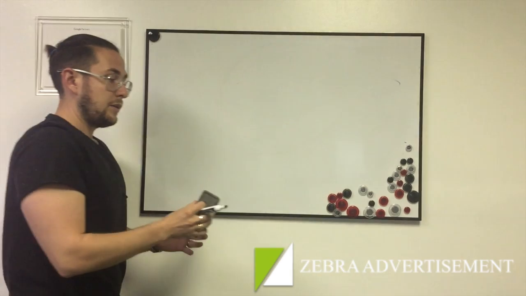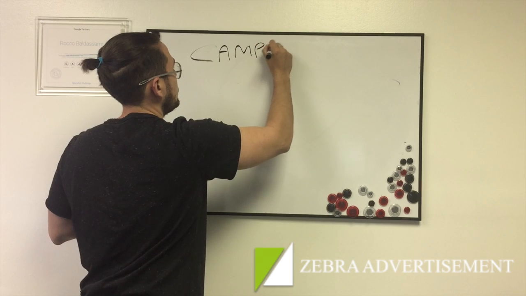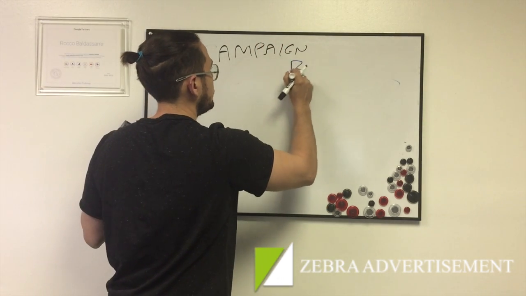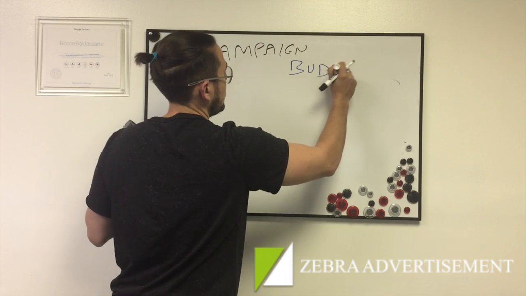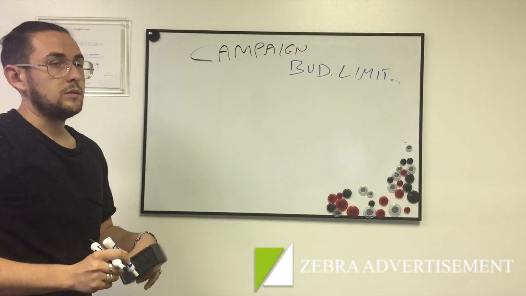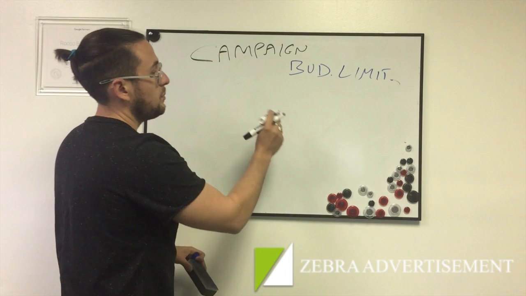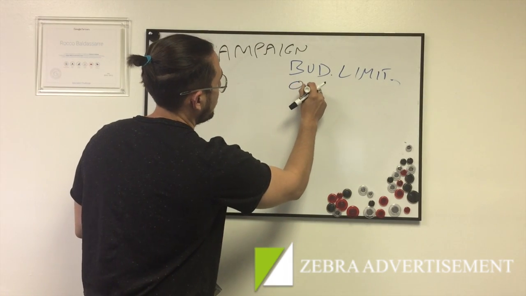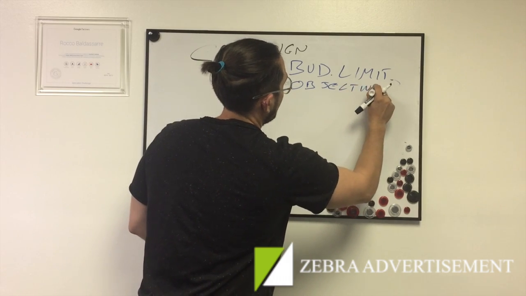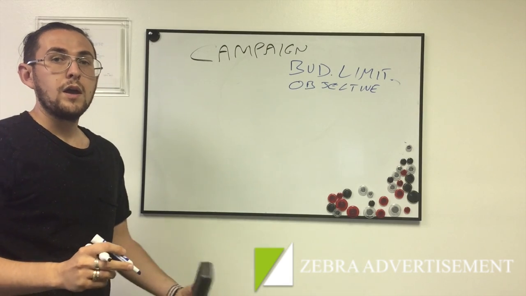So your campaign needs to look something like that. You're going to have a campaign. The campaign has a budget. Usually you cannot exceed, for example, $5,000 in total. And that's pretty much it, because you set up an objective which could be, for example, conversion, which determines what kind of settings you can have in your ad sets.